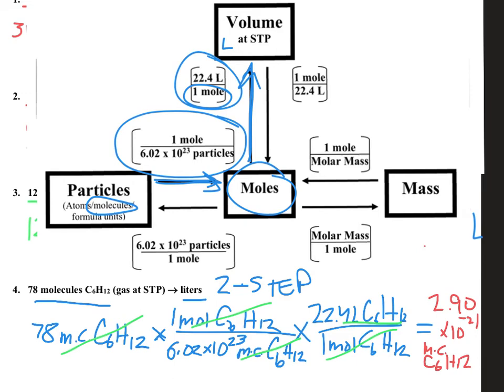But 2.90 times 10 to the negative 21st, is that a very big or a very small number? If you said very small, you're correct. Remember, the negative exponent means your decimal goes to the left 21 places. So that would be a 0.0000000, 20 zeros, and then 290. So an extremely small number.